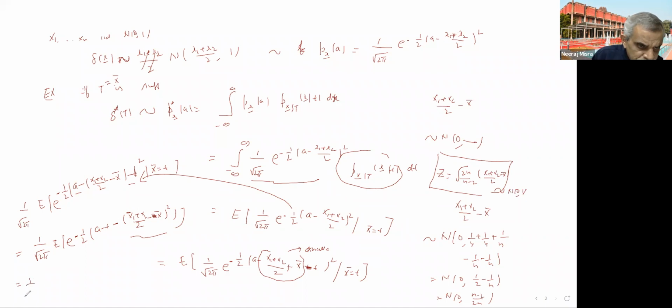So this becomes 1 by root 2 pi times the expected value of e to the power minus half a minus t minus, what does this quantity become? x1 plus x2 by 2 minus x bar becomes root of n minus 2 by 2n times z, whole square, right?